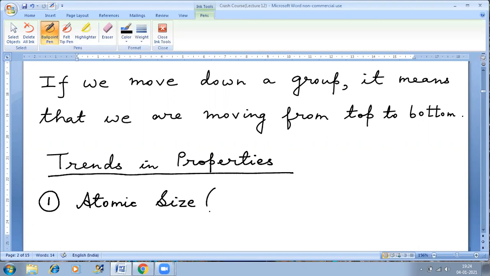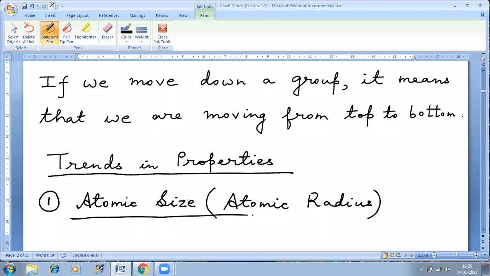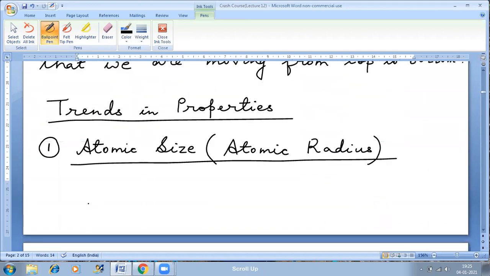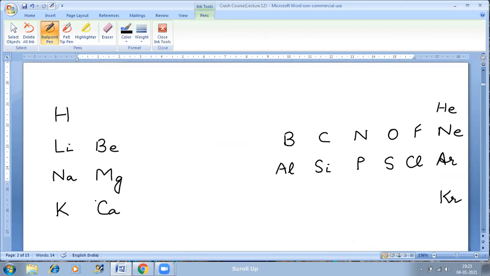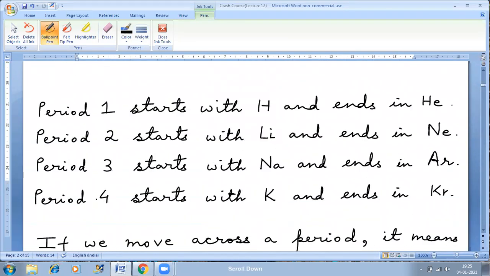Atomic size, also called atomic radius. So let's understand this. Now see, if I'm talking about size, so size will depend on factors like number of shells and the nuclear charge. So let's understand these things.